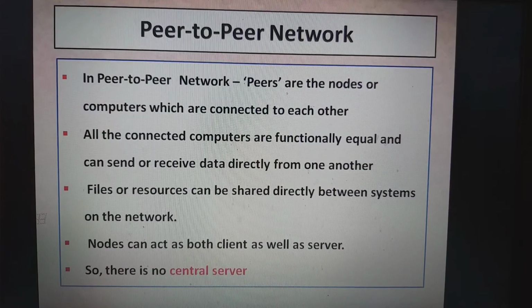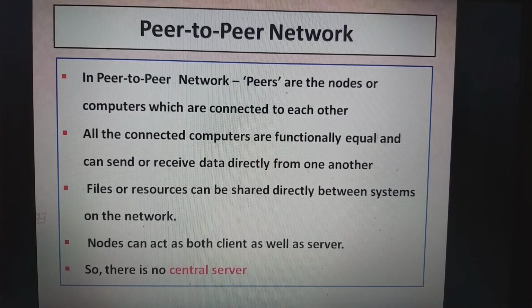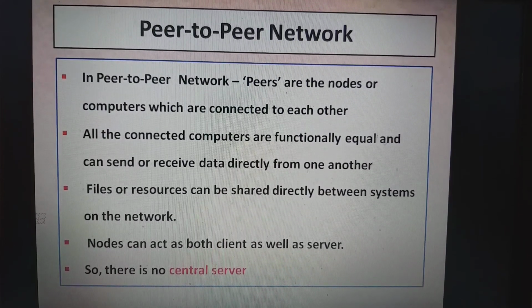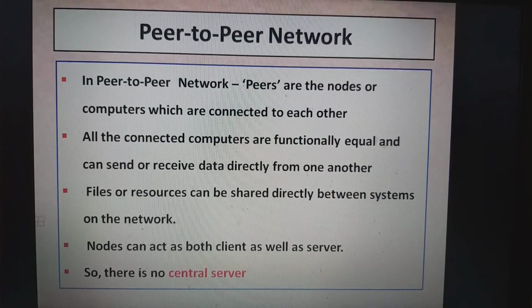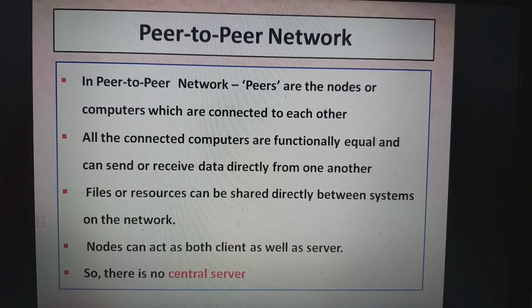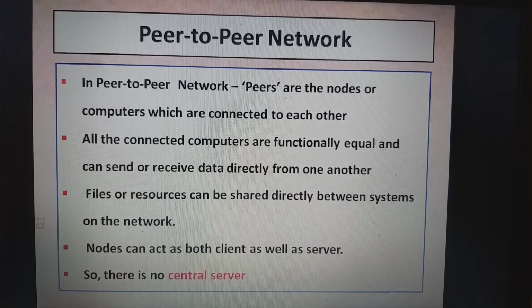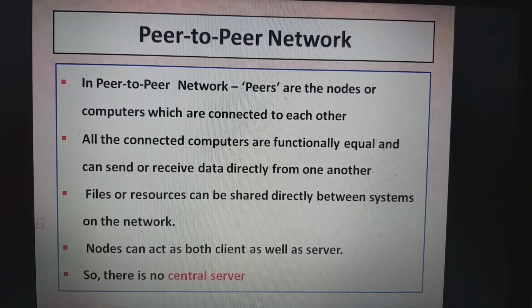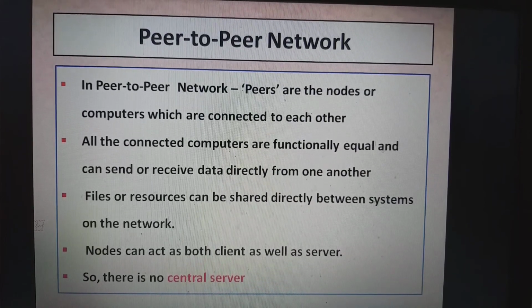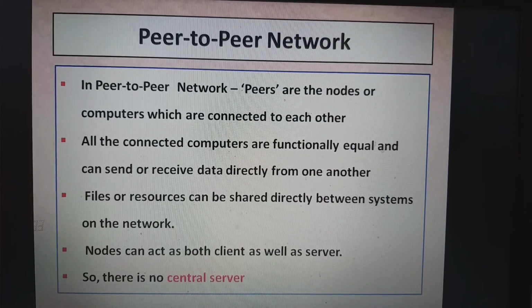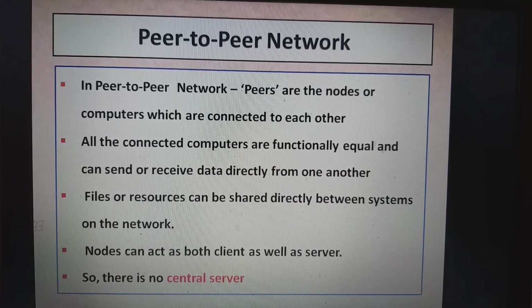Now, we will discuss peer-to-peer network. In peer-to-peer network, peers are the nodes or computers which are connected to each other. All the connected computers are functionally equal and can send or receive data directly with one another. Here, files or resources can be shared directly between systems on the network.